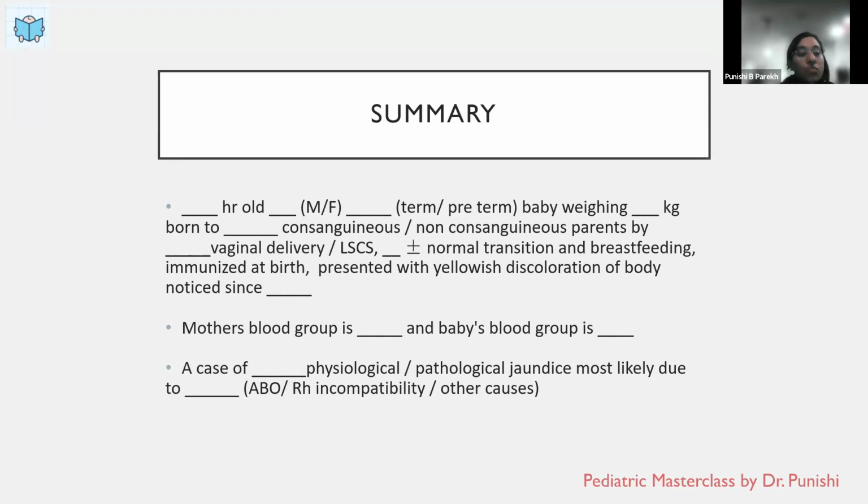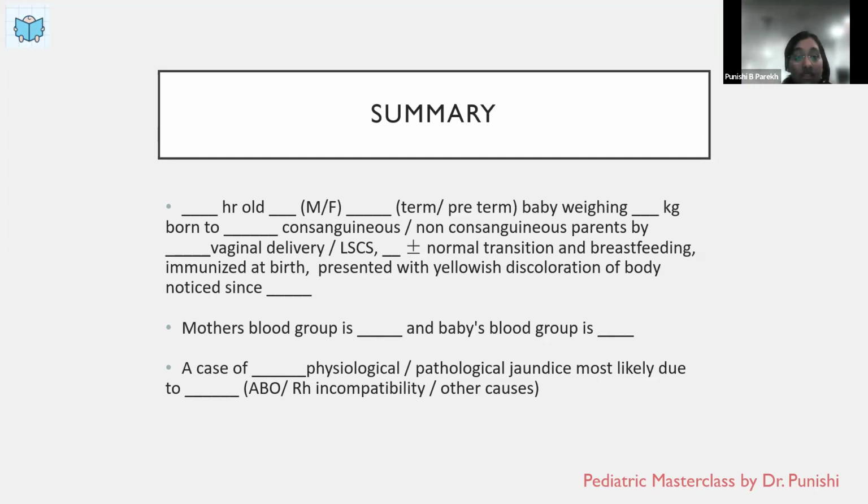The mother's blood group is O positive, baby's blood group is A positive. So this is a case of either physiological or pathological jaundice, most likely due to ABO, RH incompatibility, or other causes. Okay, so this is just like a summary.